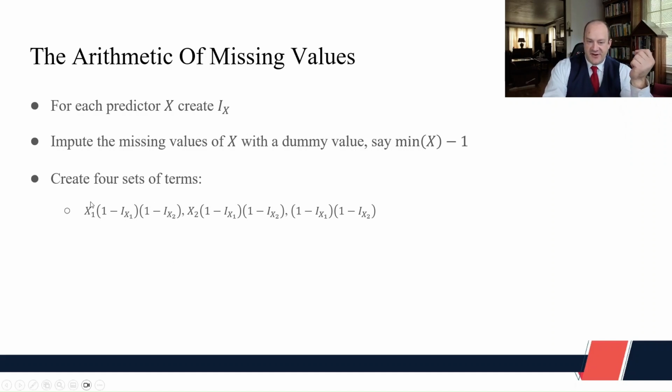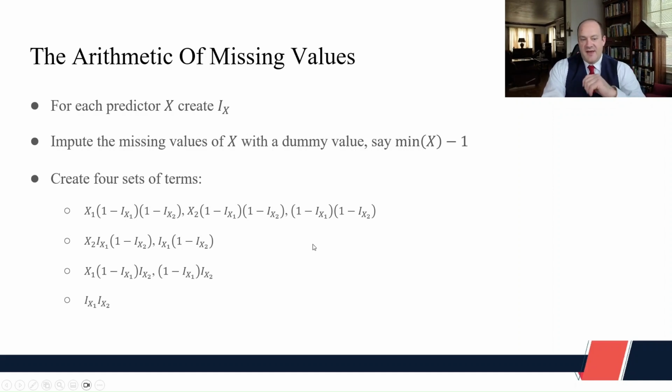These are the terms against which we will regress when everything's populated. These are the terms against which we'll regress when x1 is missing but x2 is populated. These are the terms against which we'll regress when x1 is populated but x2 is missing. And this is what we're going to regress against when neither of them is populated.